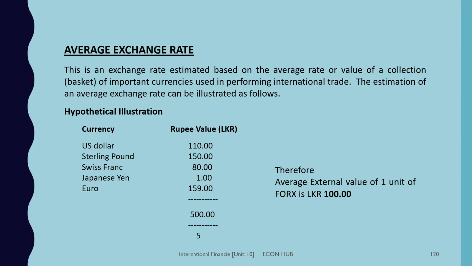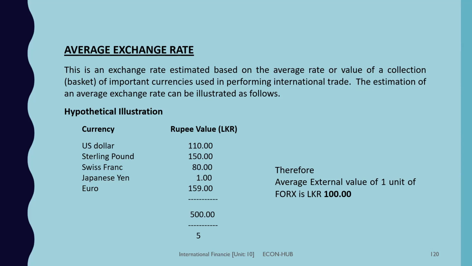This is a very useful piece of information when it comes to understanding our overall foreign exchange rate stability, our overall performance in international trade, our standing in the world.